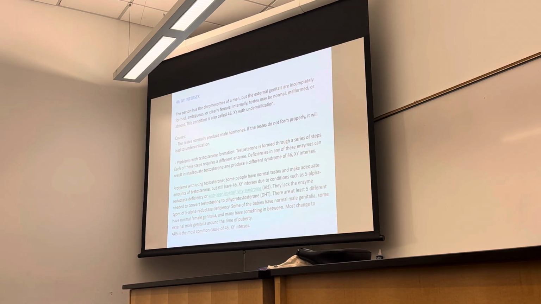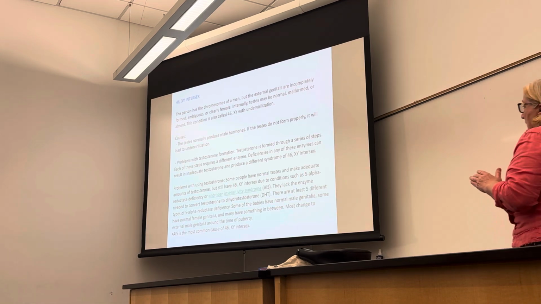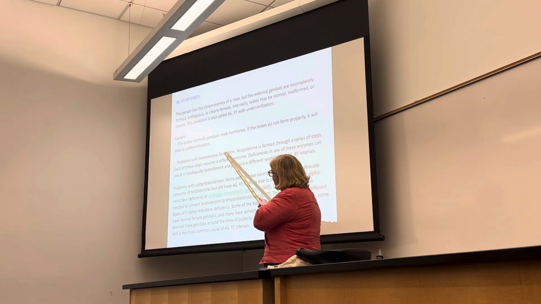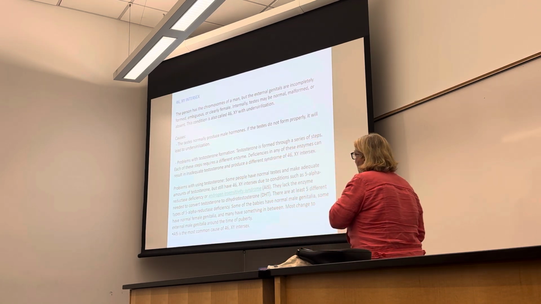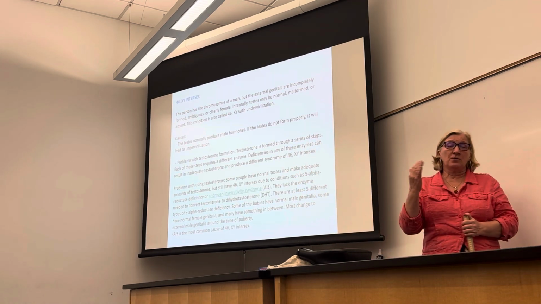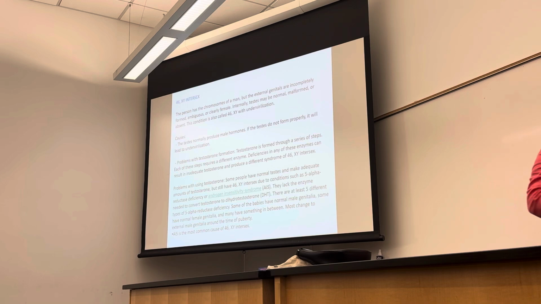And there are so many reasons for that. One of them is, for example, abnormal testosterone formation, an abnormality in the enzymes that actually make the testosterone from the cholesterol precursors.